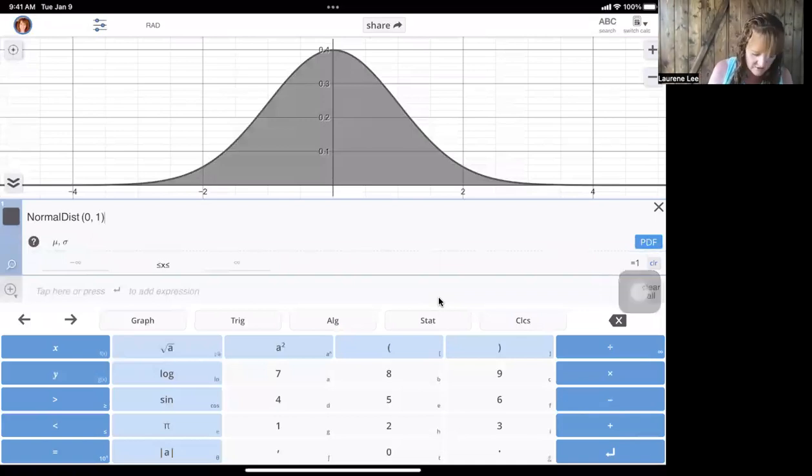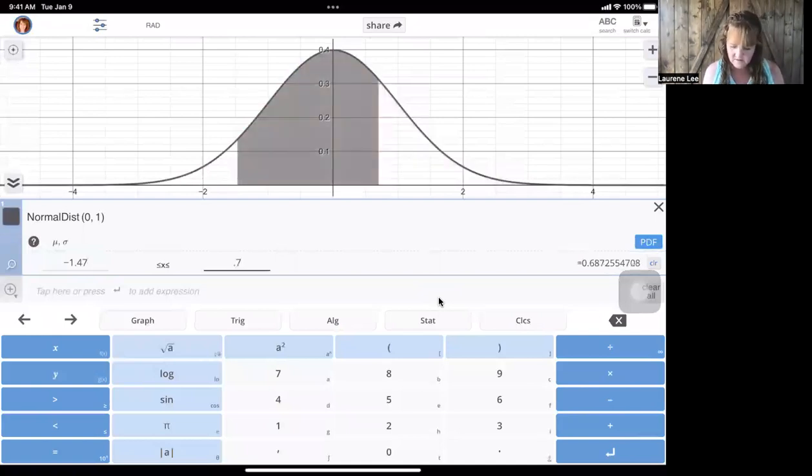The left is going to be negative 1.47, and the right is going to be 0.7. And if you look here, that picture should just look like what you drew on your paper, and it does. That's helpful. And here's your percentage, 68.7% or 0.687 is your answer.